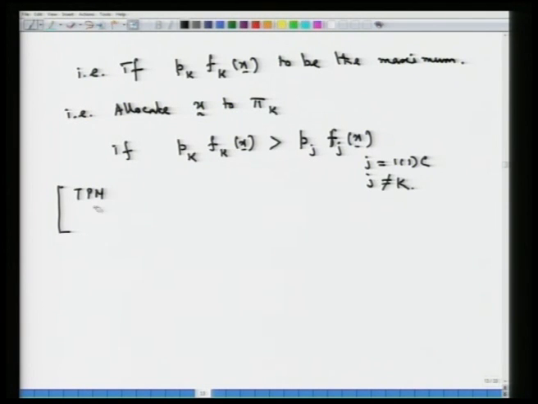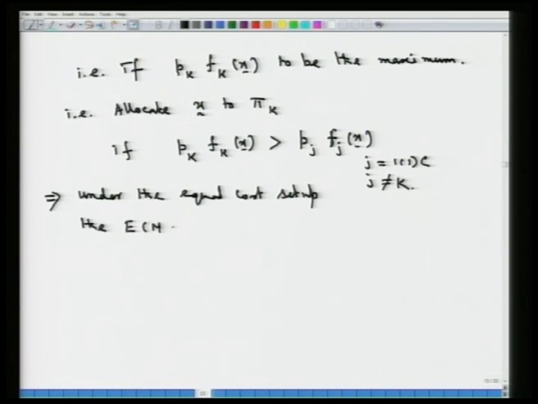So, this would imply that under the equal cost setup, the ECM minimizing rule is same as the TPM minimizing rule.